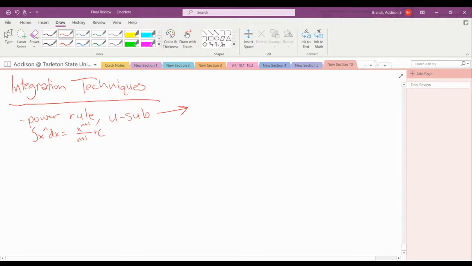And then u-sub, that one's pretty simple. It's essentially reverse chain rule. Remember, that's usually whenever we have some sort of composite function. So let's say we have something like 2x square root of x squared plus 3.